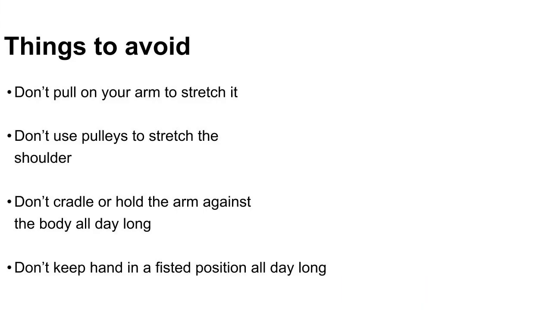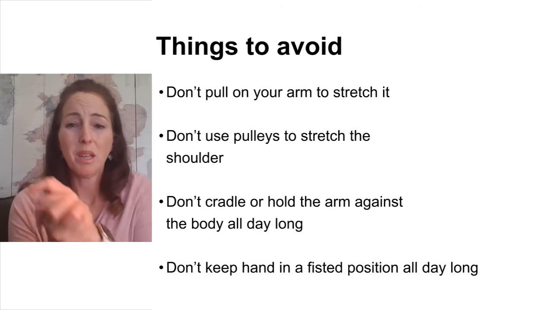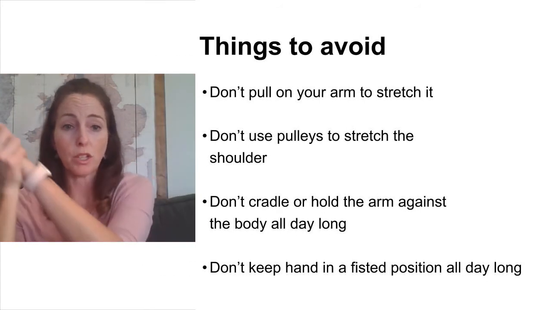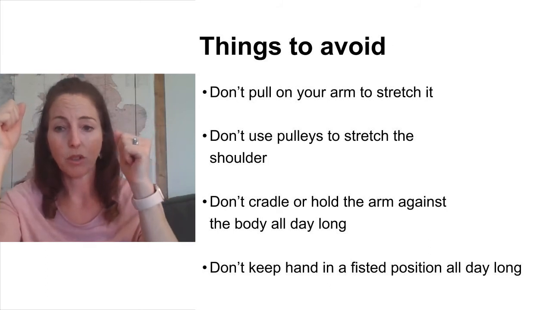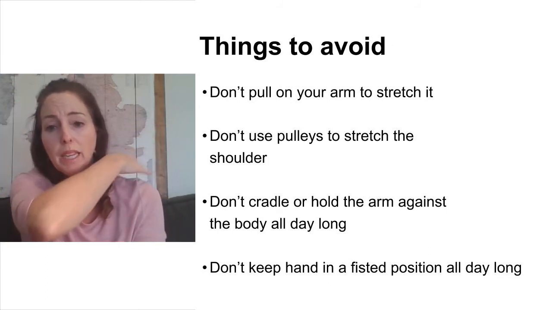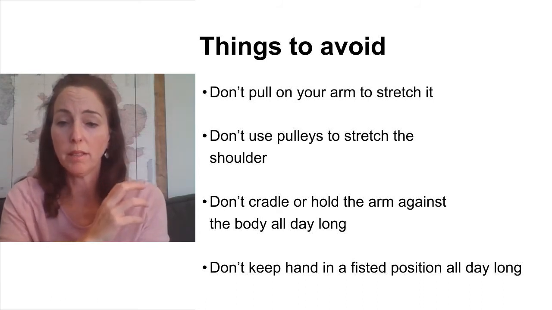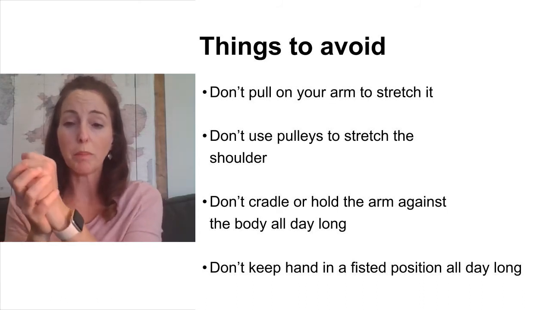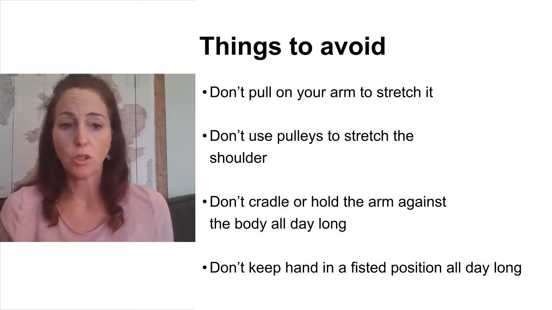To help reduce the risk of developing a painful arm, things to avoid include pulling on your arm to stretch it or using overhead pulleys for a stretch. If your shoulder blade and your upper arm bone aren't moving well, and we try and force the movement by pulling on your arm or using pulleys, it can cause shoulder pain.